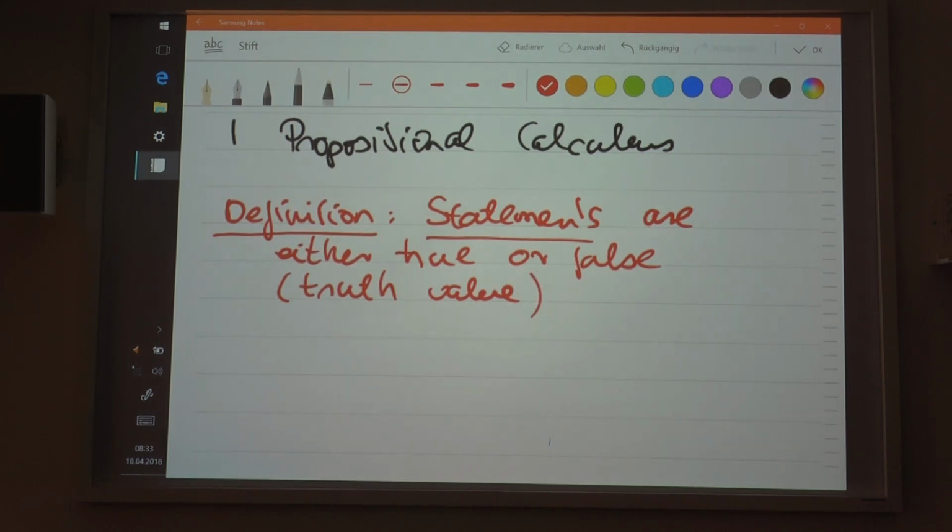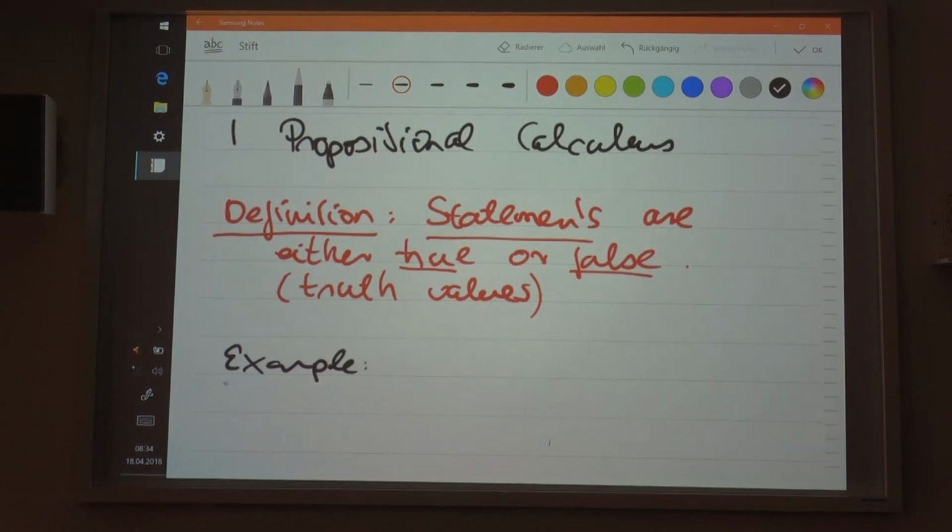So the truth value of a statement is either true or false. Any statement can be assigned a certain value, true or false, according to the setting. Let me give you an example.